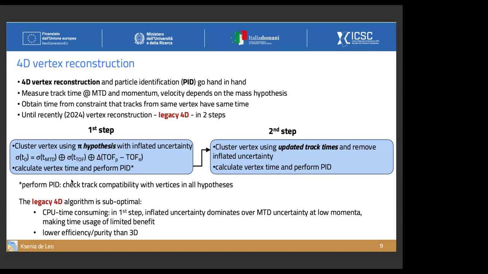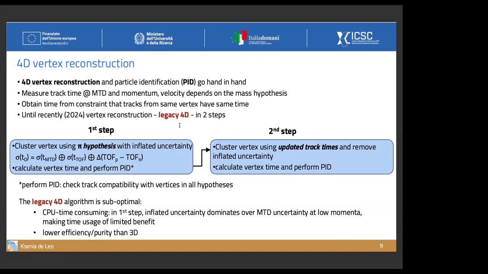What we do to overcome this ambiguity is to use the constraint that all the tracks that come from the same vertex should have the same time. Until recently, the 4D vertex reconstruction was performed in 2 steps, which I call here the legacy 4D.